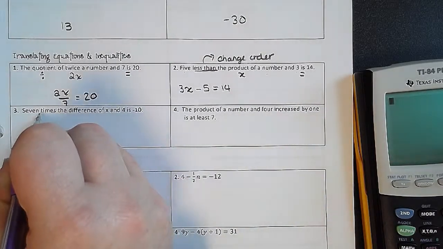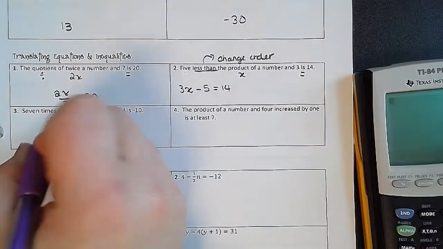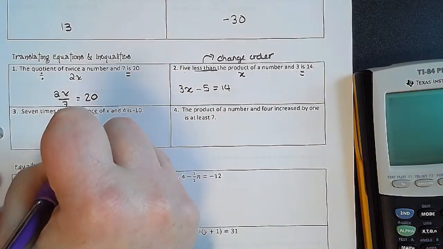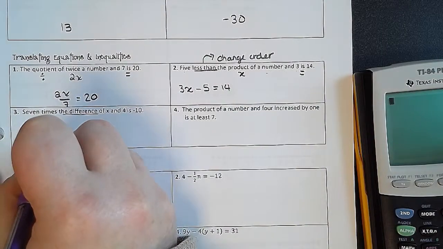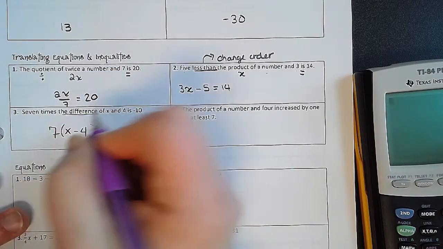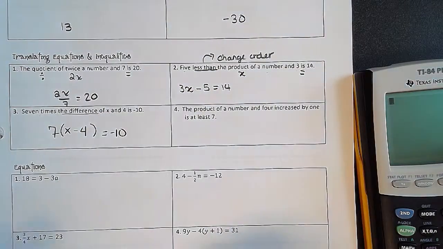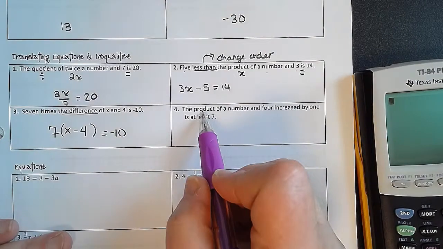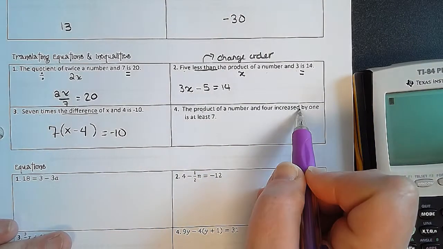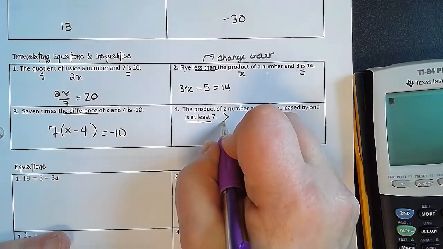Now, when you do 7 times the difference or the sum, that tells me that I'm going to have parentheses. Okay, so 7 times the difference of x and 4. So I subtract x and 4 is equal to -10. Okay, the product of a number and 4 increased by 1 is at least, is greater than or equal to.